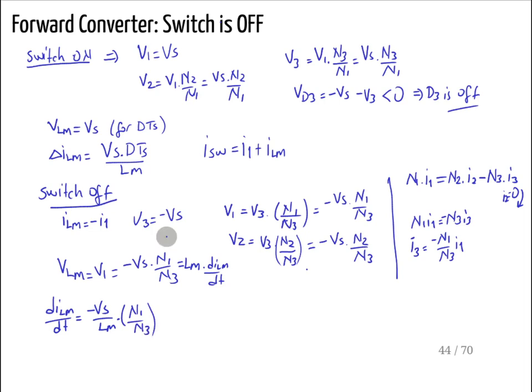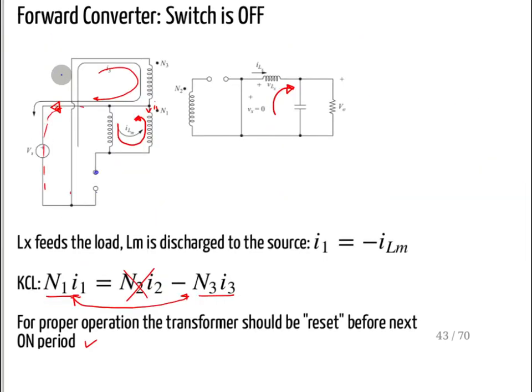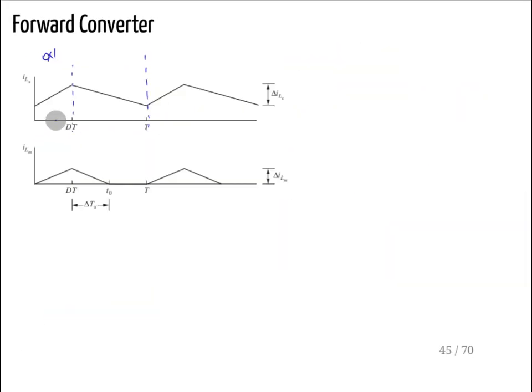Right, and I will come back to that equation, but let's have a look at how that all adds up. So during on time, and this is off time, my inductor current ILm is charging up, and I already know that.